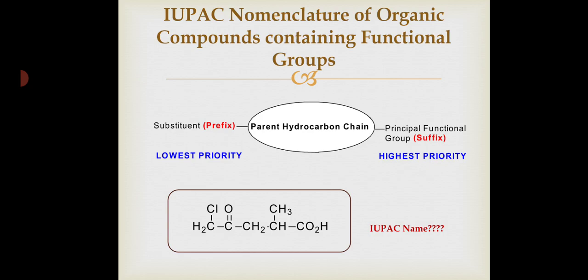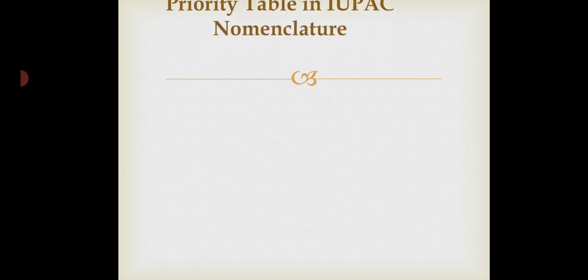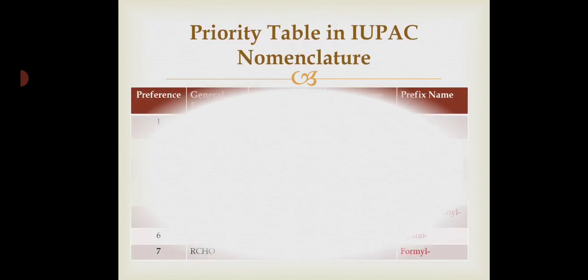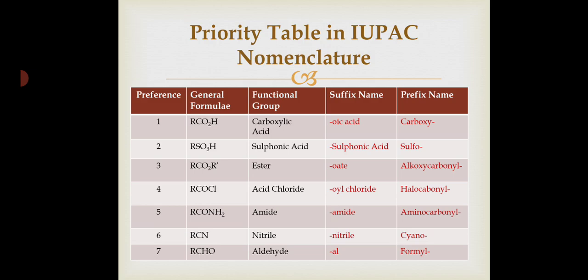So when there are two or more functional groups, then comes the question of a priority table. One group should get preference over the others, and here is the priority table for the principal functional groups. You see, carboxylic acid gets the first priority, so it is number 1.